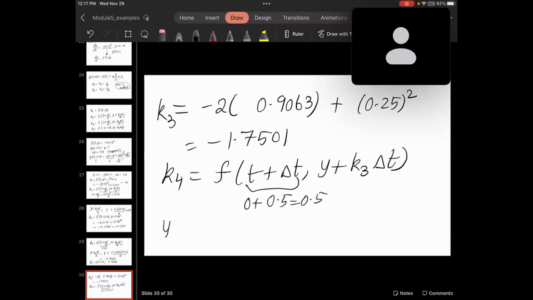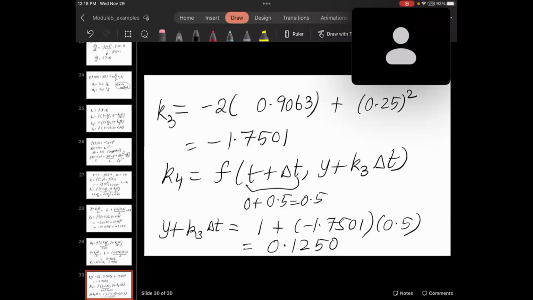And y plus K3 delta t is 1 plus minus 1.7501 multiplied by 0.5, which is 1 minus 1.7501 times 0.5, which is 0.1250.